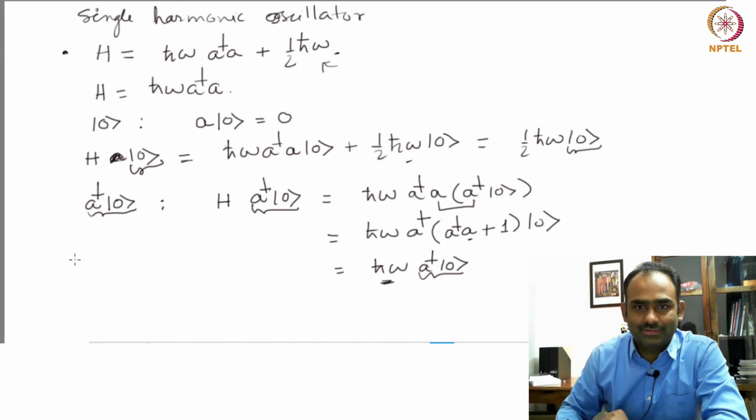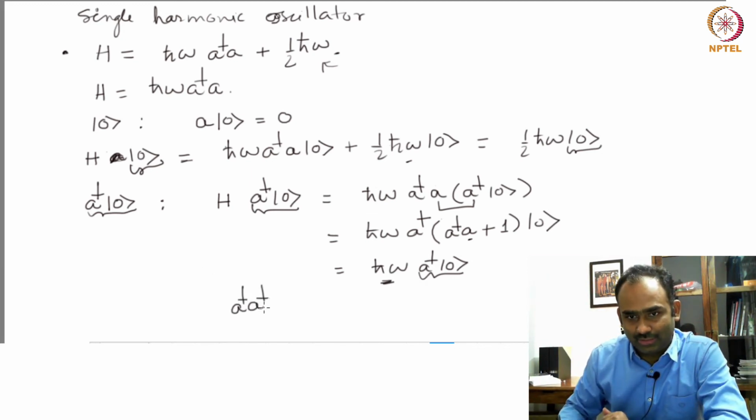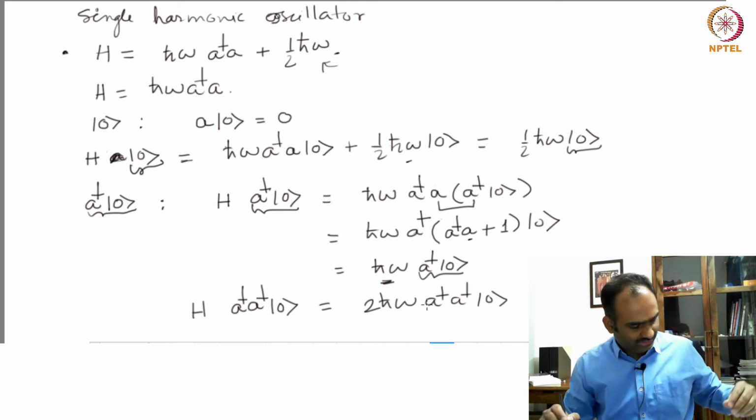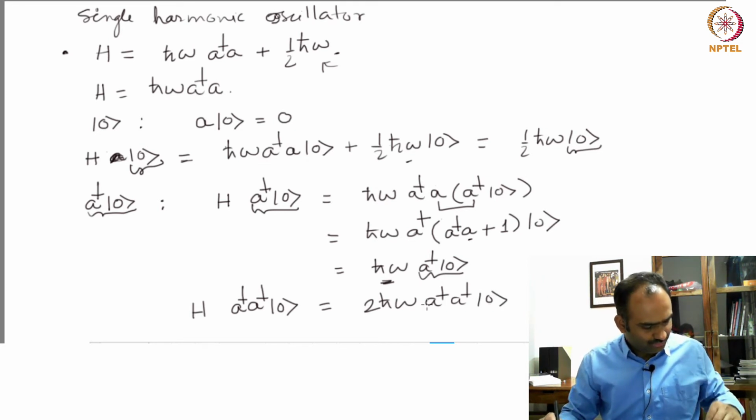So if you take a dagger twice, and ask what's the energy of that state, you will find 2 h bar omega. So that's something I believe is familiar to you.